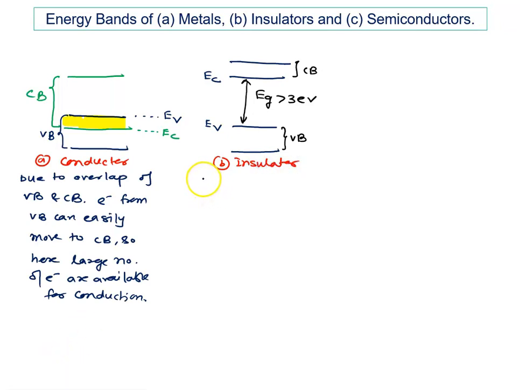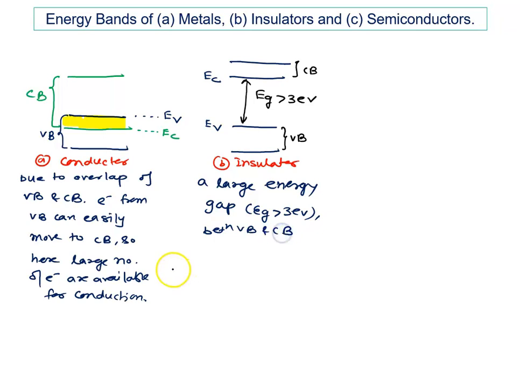So what we will say here: a large energy gap, that is Eg greater than 3 electron volt, between valence band and conduction band. There are no electrons in conduction band. Means here electrons are available in the valence band but no electron in the conduction band. So the conduction band is empty.